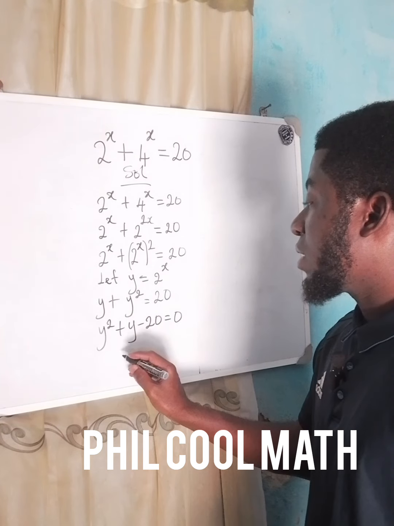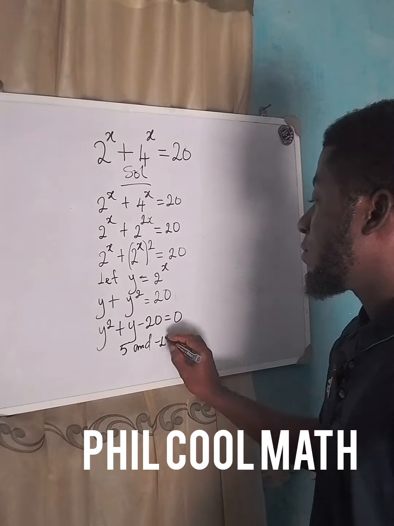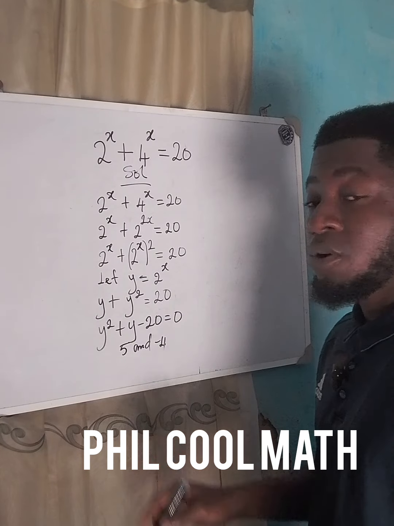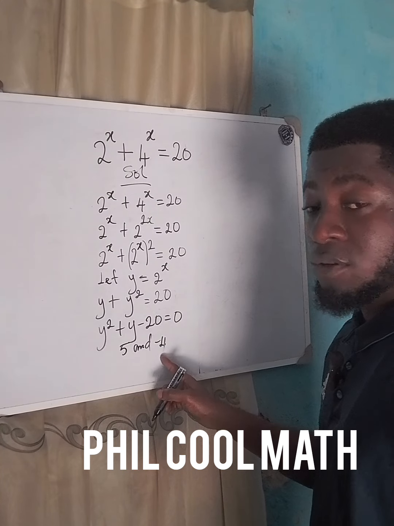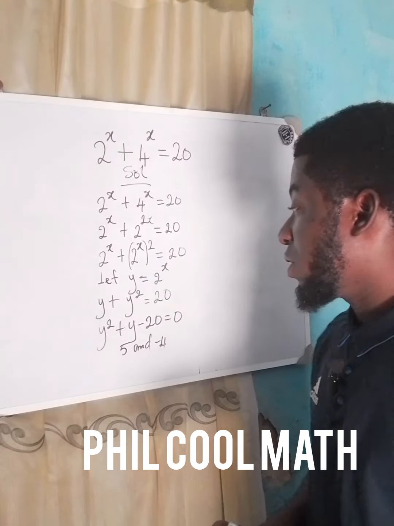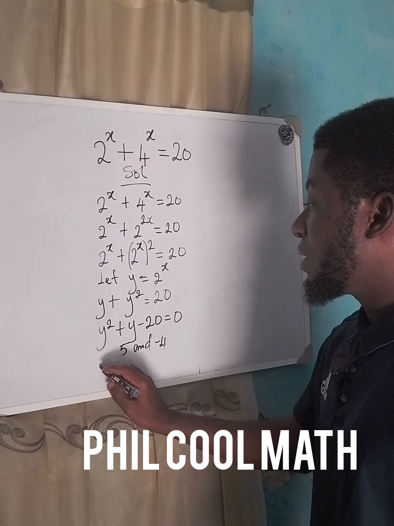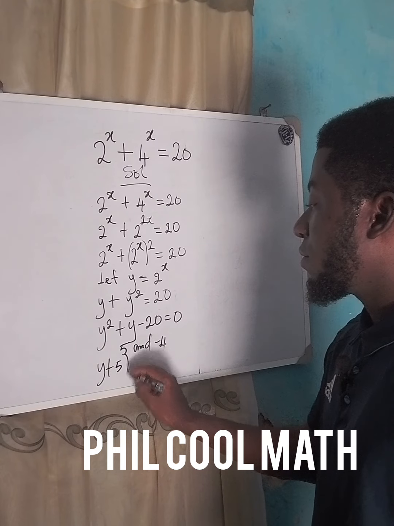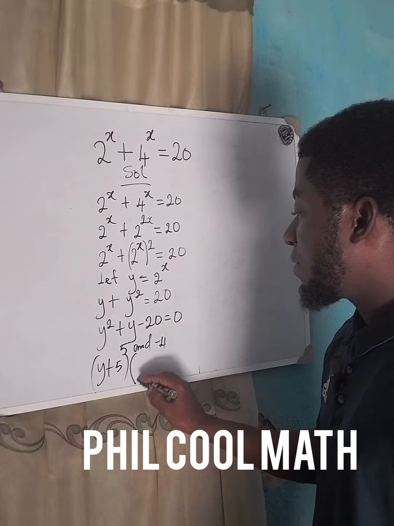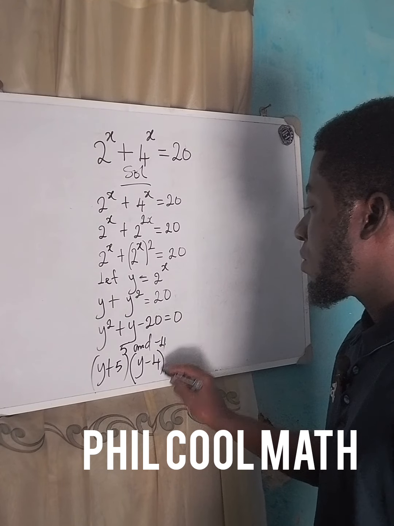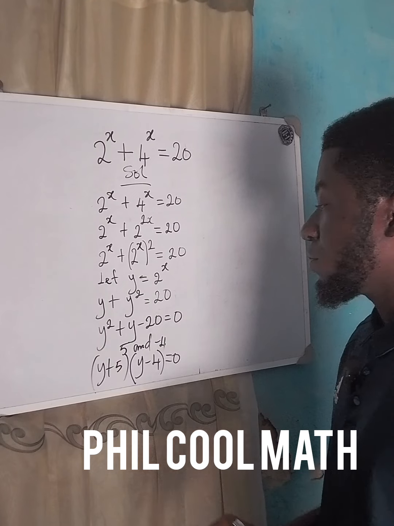So the two numbers are going to be 5 and minus 4, because 5 times minus 4 will give us minus 20, which is this. Then 5 plus minus 4 will give us 1, the coefficient of y. So now to factorize this, you can simply say y plus 5 is one of the factors, this particular 5. Then the other factor will be y minus 4, this particular minus 4. So everything here is equal to 0.